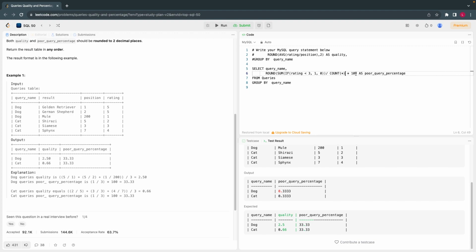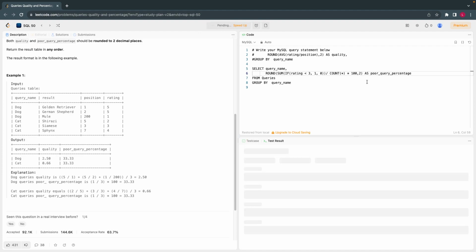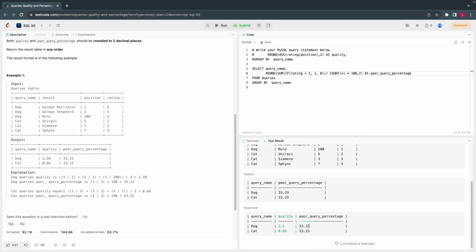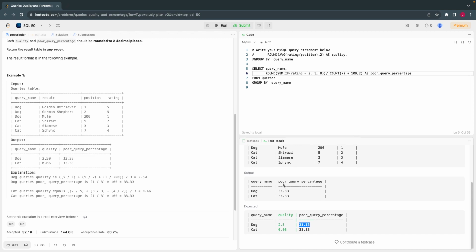Let me go back and solve this. Hopefully this should work. All right, we're almost there with this matching. However, we also need this one. We already calculated this, so let's copy it here.